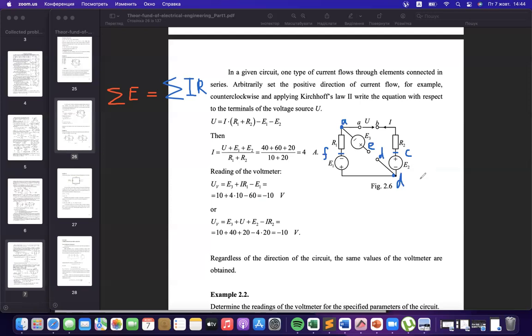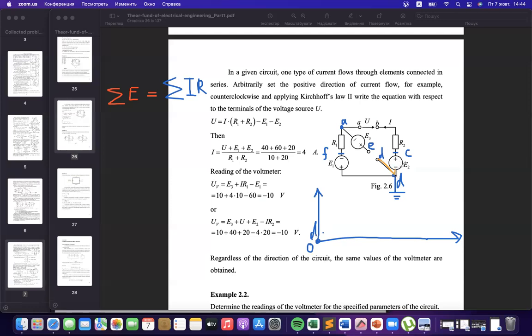Then, if we want to draw the diagram of how this potential will move through some mesh, we could start from, for example, point D. Let our D be 0, and see how the voltage will change through the mesh.